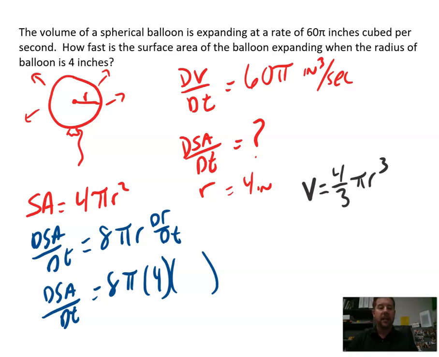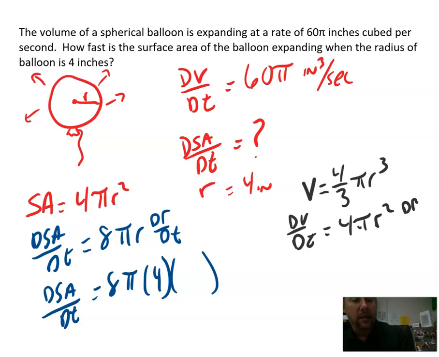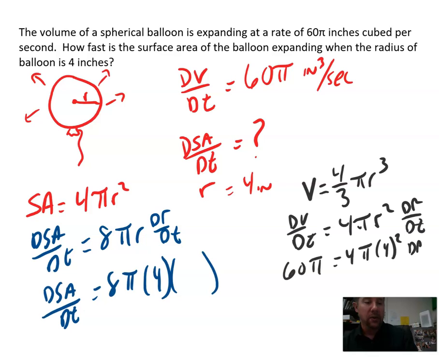If I take the derivative of that, I get dV/dt equals 4 pi r squared dr/dt. And now again, I know that dV/dt was 60 pi. I know that r is 4. So I can use this to solve for dr/dt.